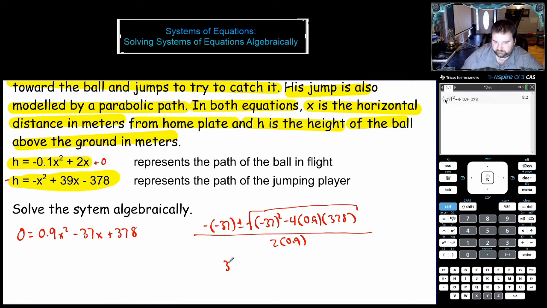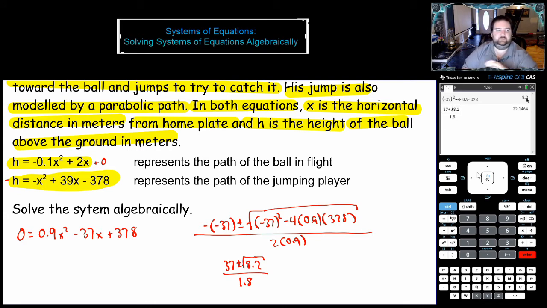Okay, so this is 37 plus or minus the square root of 8.2 over 2 times 0.9, which is 1.8. All right, let's try that out. So we have 37 plus the square root of 8.2 divided by 1.8. So there we go.